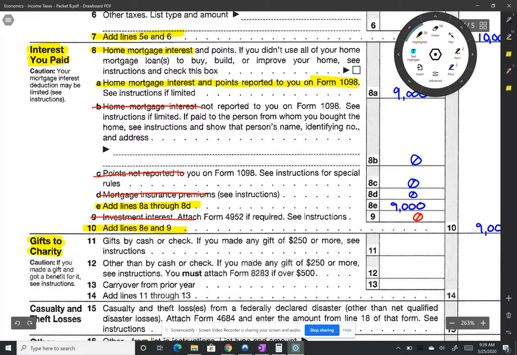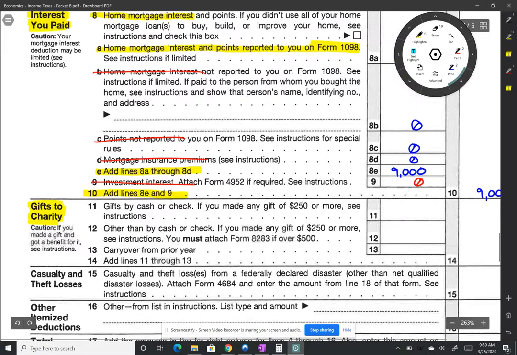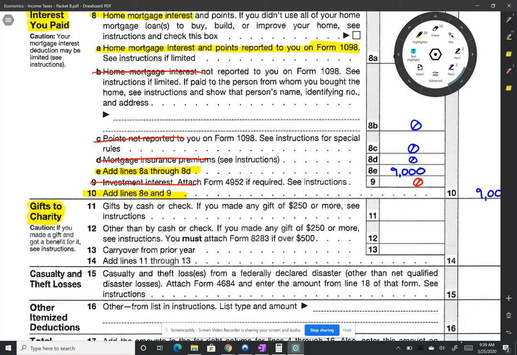Okay, next up is gifts to charity. This is what most people think about when they think about deducting for their taxes, gifts to charity. So, rule of thumb, any gift that you can deduct must be made to a non-political, non-profit.